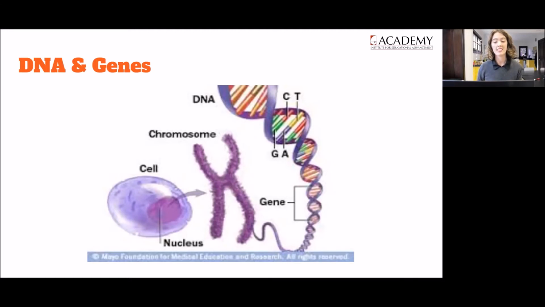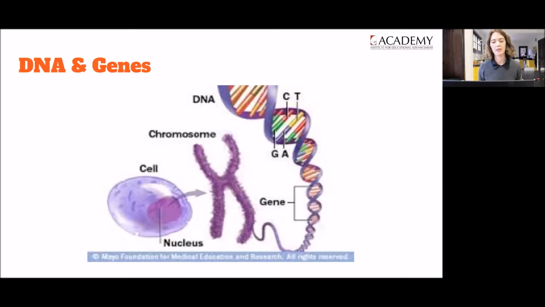Your DNA has about 20 to 25,000 genes on it. Those are little chunks of DNA that code for different traits. And then those genes are on chromosomes, and then those chromosomes are in the nuclei of your cells.